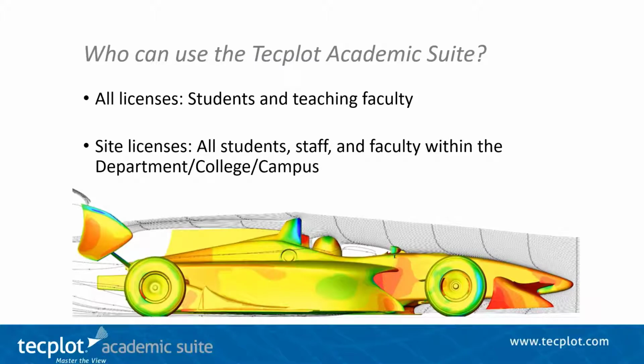So who can use the Tecplot Academic Suite? As mentioned earlier, these are the license options that we make available for our academic users at degree-granting higher education institutions. And there are two main categories for these Tecplot Academic Suite licenses. There are single-user or seat-limited group licenses that are available to students and faculty for use in an instructional or teaching capacity.